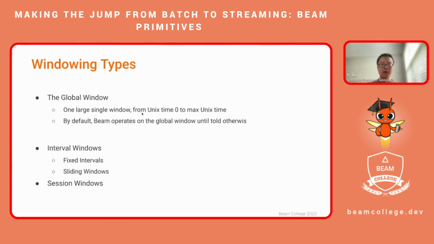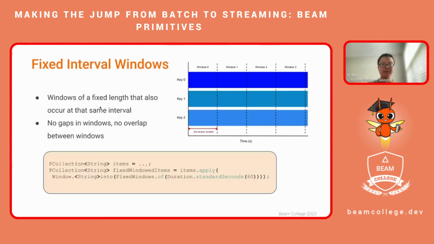It's a single large window from Unix time 0 to max Unix time. And by default, Beam operates on the global window until told otherwise. The second is the interval window. There are two types of them: the fixed interval window and the sliding window. We'll show them later. And lastly, the session windows.